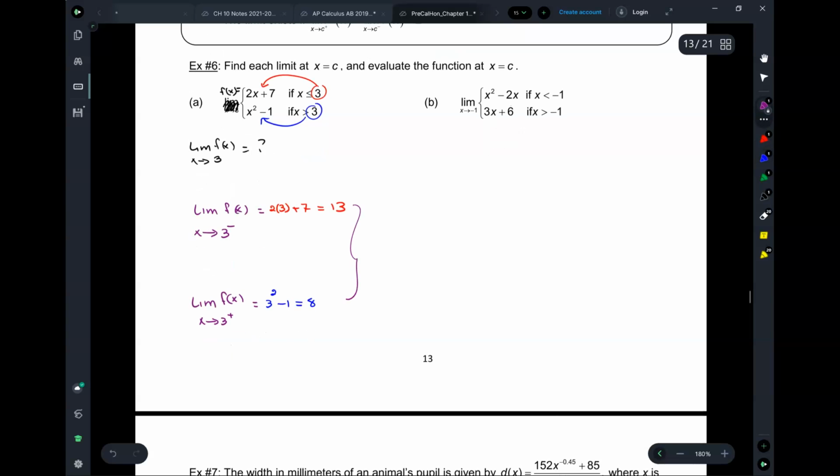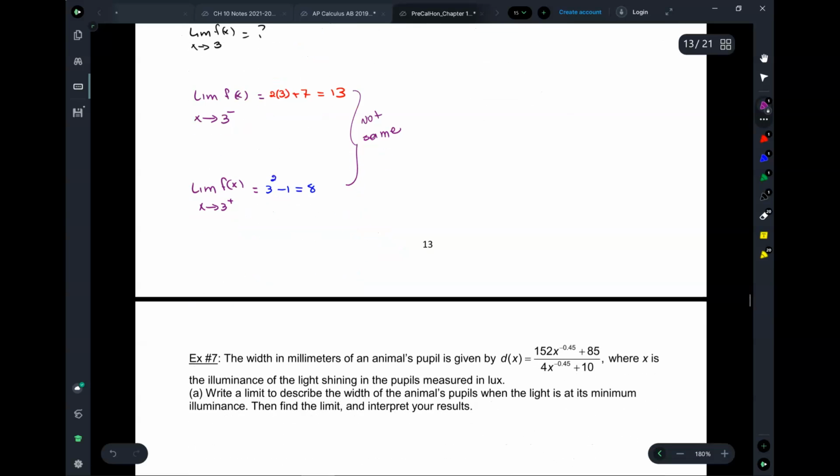Are those two the same? Not today, they're not. Maybe yesterday they were. Since they're not the same, therefore, the limit of f of x as x approaches 3 does not exist.